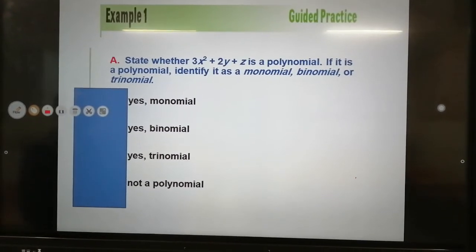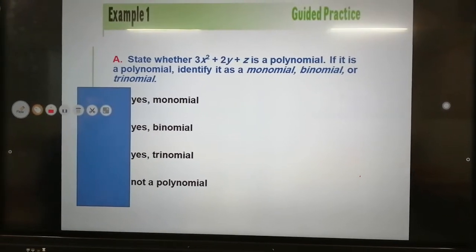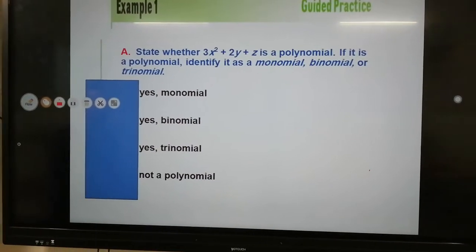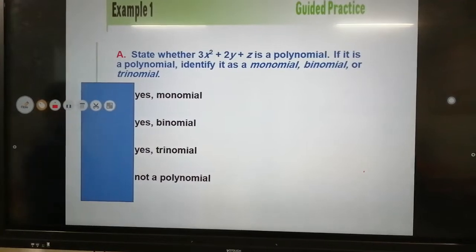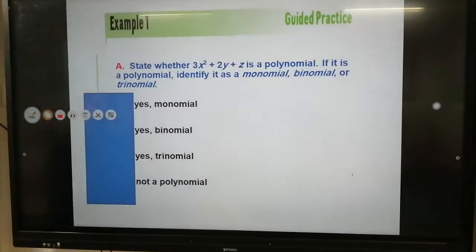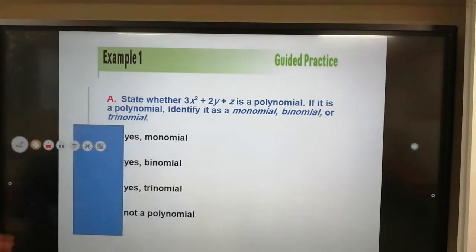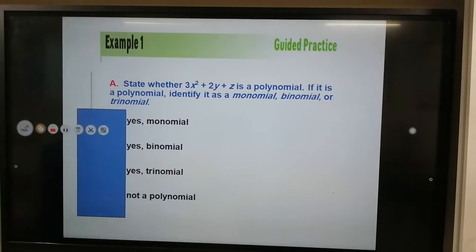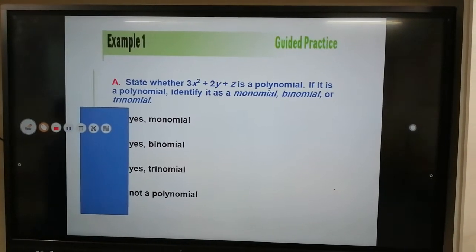If it is a polynomial, identify it as a monomial, binomial, or trinomial. We have 4 choices. What are the 4 choices? Yes, it's a monomial. Yes, it's a binomial. Yes, it's a trinomial. Not a polynomial.